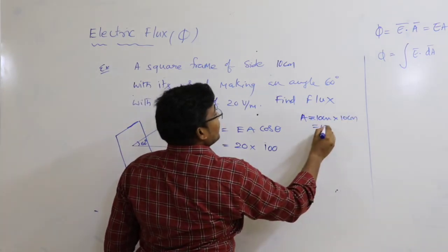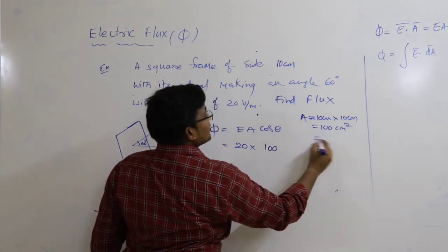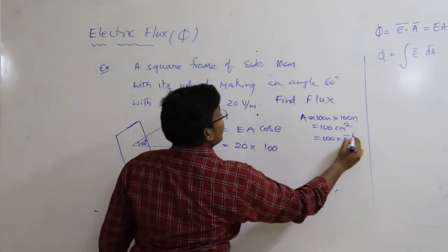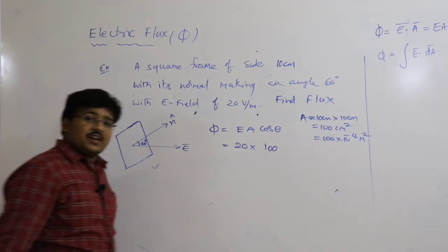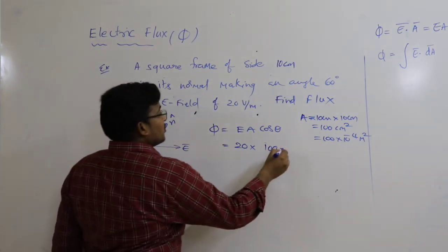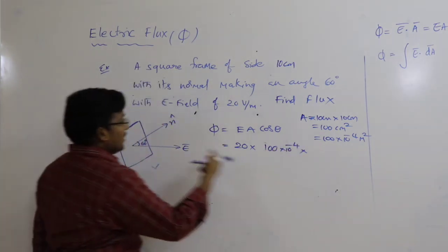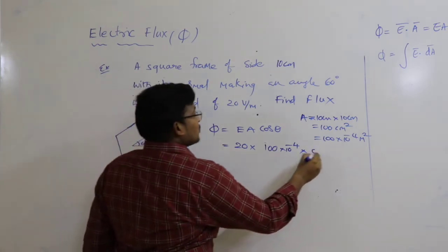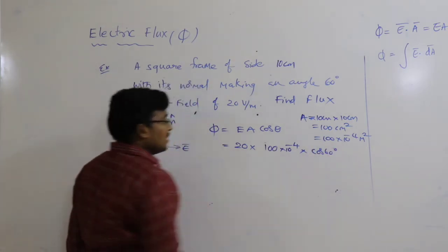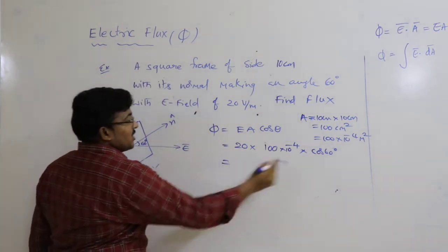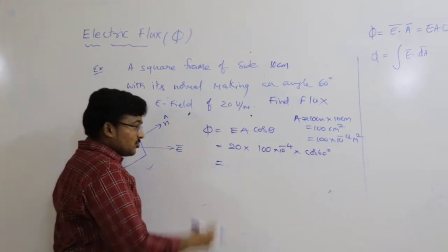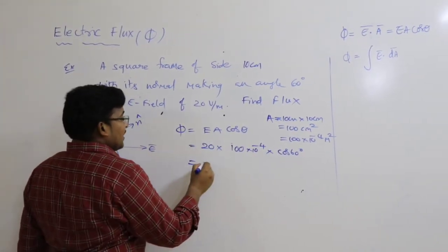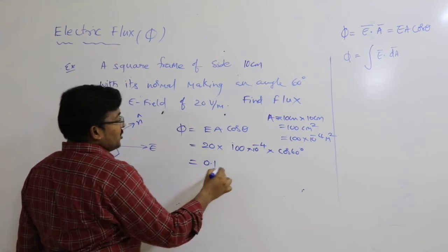You can write it as 100 into 10 power minus 4 meter square in SI units. Here theta is 60, so cos 60 degrees is 1 by 2. So that 1 by 2 cancels with 20 as 10. So the answer will be 0.1.